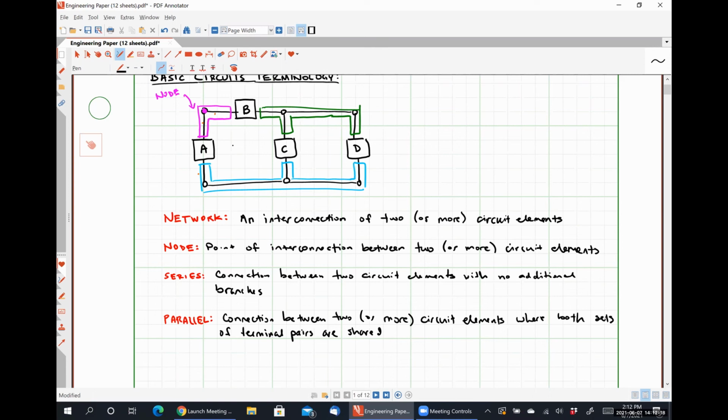All right, well, let's move along, and I'm going to erase these node markings real quick. So we can talk about another topic relating to this little circuit, or network.